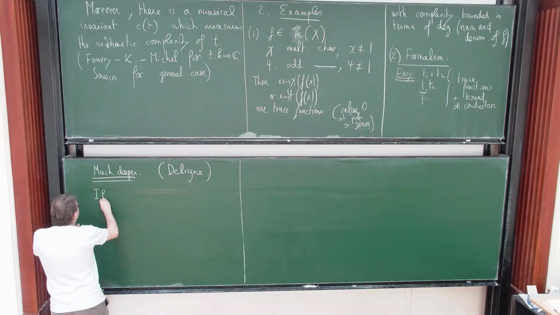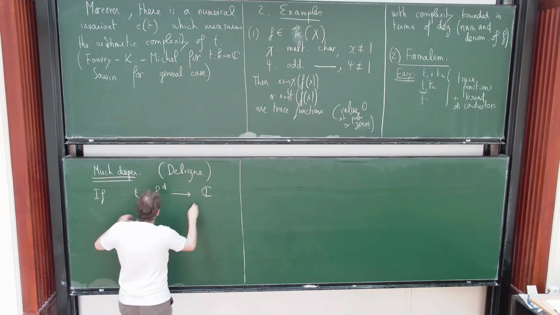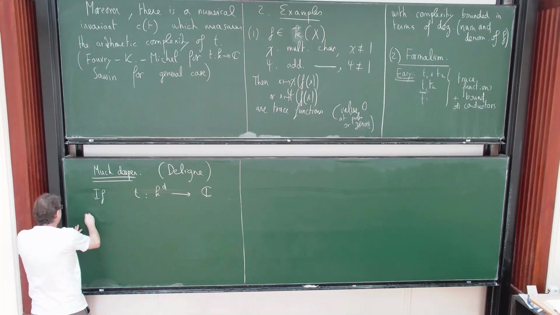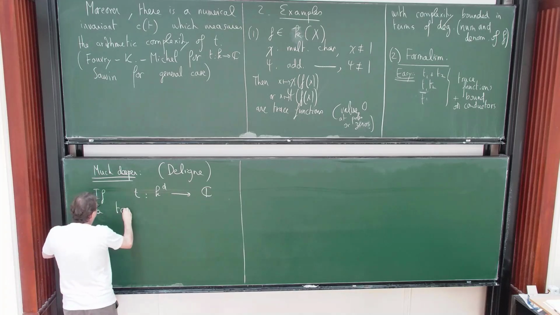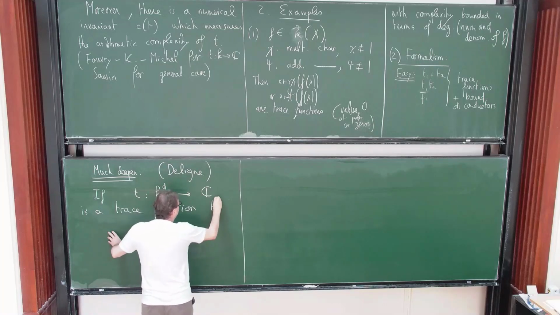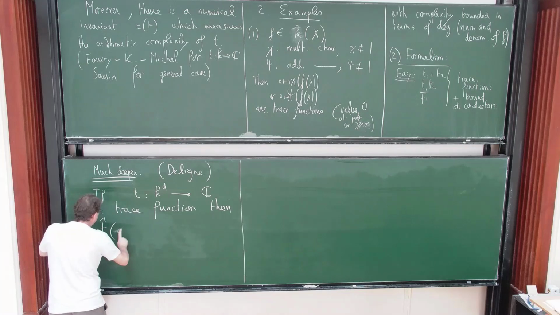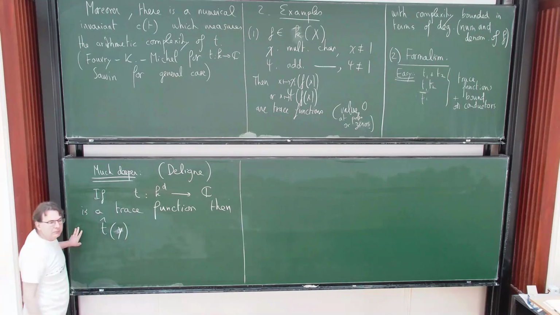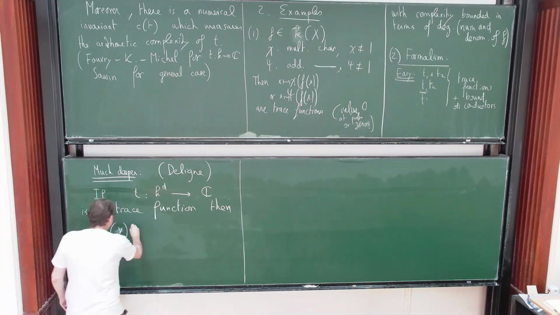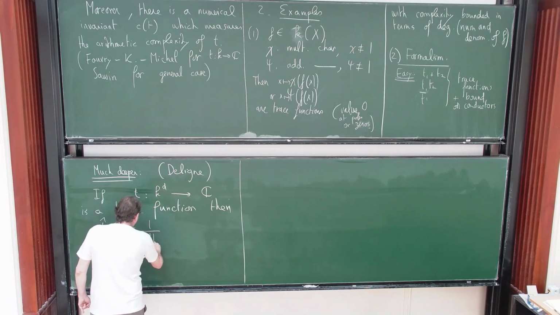So if you have a trace function in any number of variables, but on an affine space, so k to the d, then I normalize the Fourier transform unitarily, because that's the most convenient for applications.